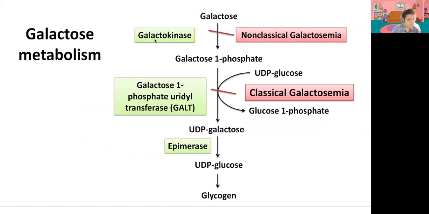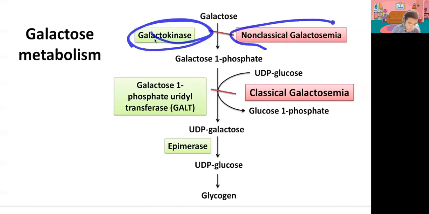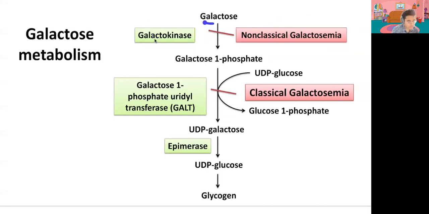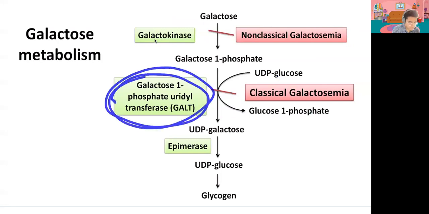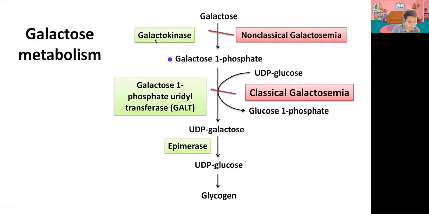Okay, galactose. Here's the entire pathway so you can take a quick peek at it. Galactokinase can be deficient, so non-classic galactosemia. What happens is you just have excess levels of galactose and it can eventually get excreted. But classic galactosemia is the ultimate cause of any sort of problem, because you're deficient in GALT, and you don't know what to do with all this excess galactose 1-phosphate, and all of that gets converted into sugar alcohols, and those are osmotically active, and that's bad.